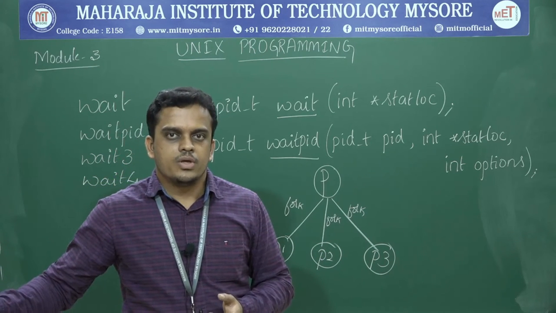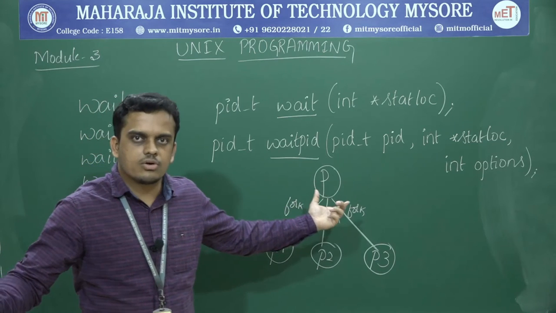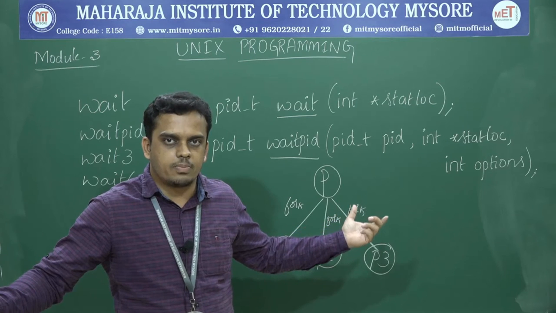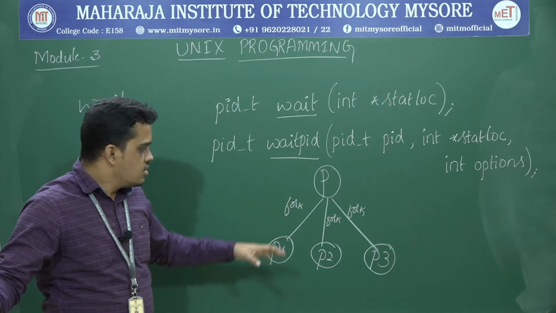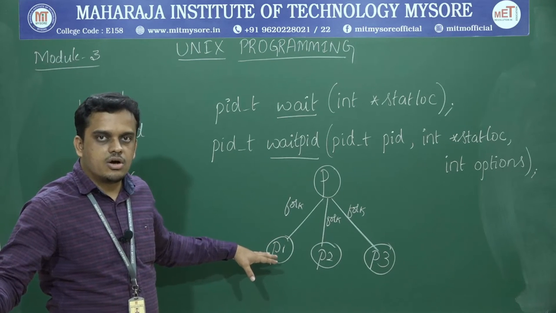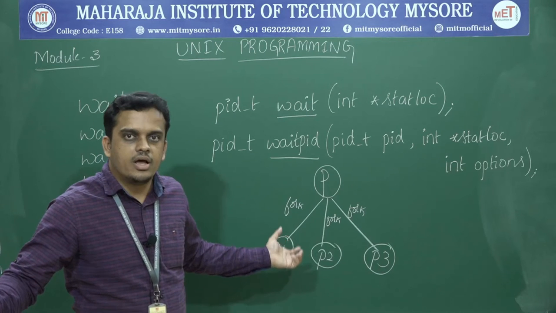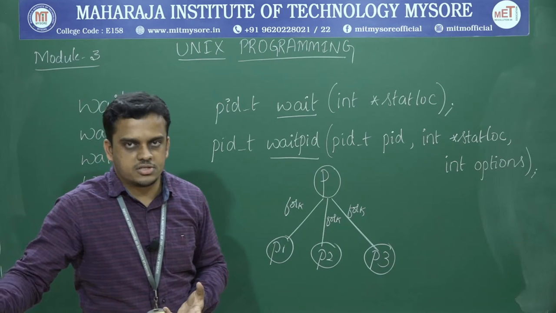If a parent process invokes the wait function at that instance, what exactly happens? When the wait function is executed, there will be no terminated process, because of which the wait function will be blocked in its execution.